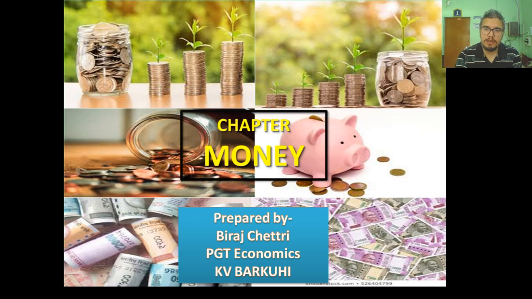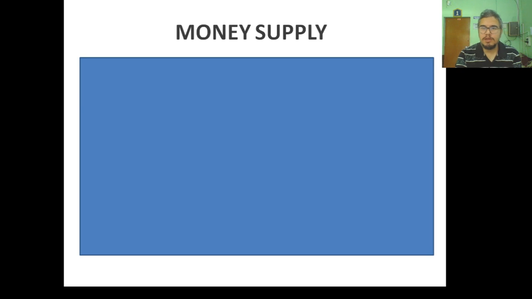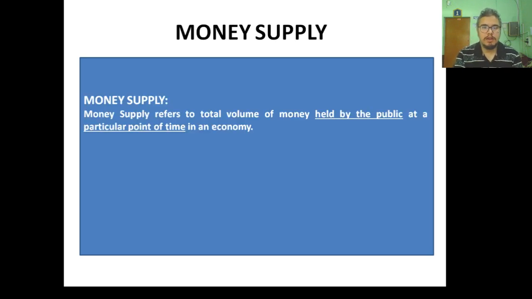Today we are going to discuss what money supply is. Let us see the definition of money supply. Money supply refers to the total volume of money held by the public at a particular point of time in an economy.